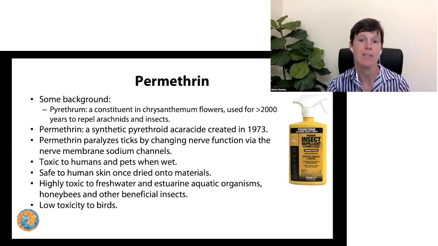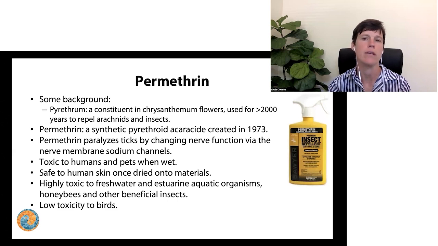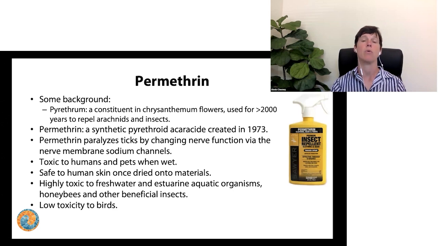So now it's an acaricide, an arachnid killer, created in 1973. This permethrin, this chemical, will paralyze ticks by changing the nerve function through the nerve membrane sodium channels. What's important for us is to remember that it's toxic when it's wet. So we'll talk about different applications of this.